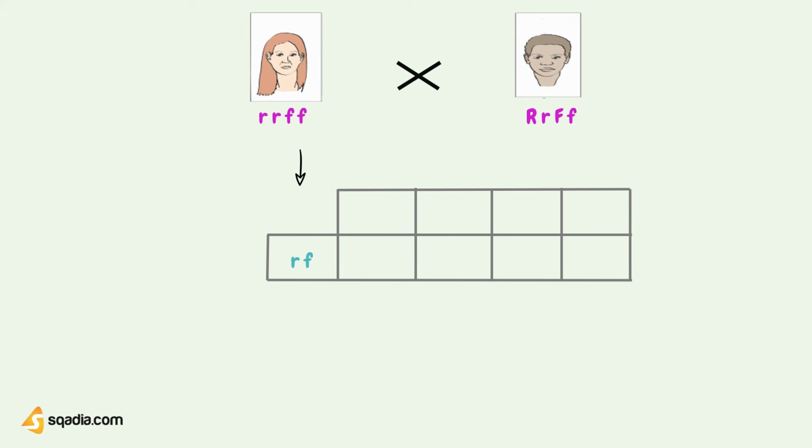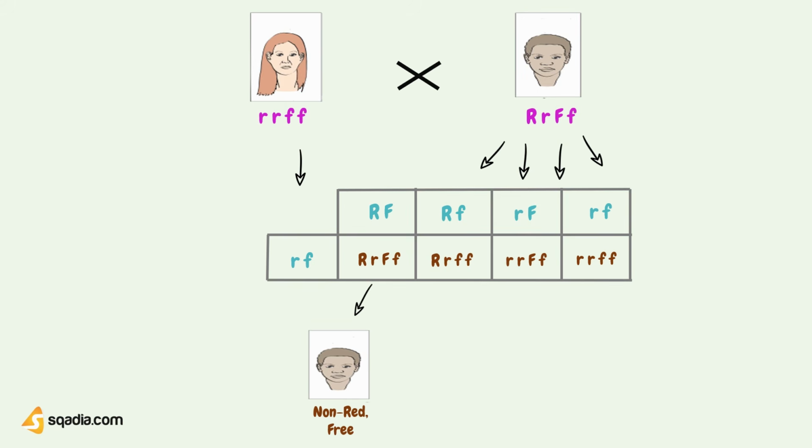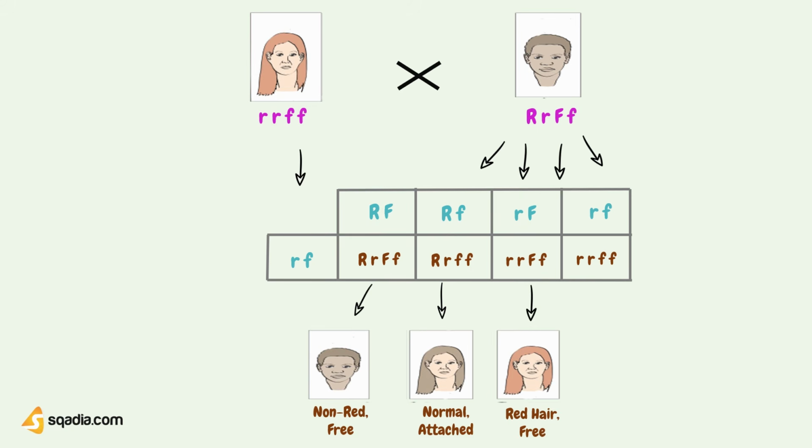But the double heterozygote can produce gametes of four genotypes: capital R capital F, capital R small f, small r capital F, and small r small f. Offspring of these four genotypes are produced. These offspring also have phenotypes that are all different: non-red with free earlobes, non-red with attached, red with free, and red with attached, respectively.